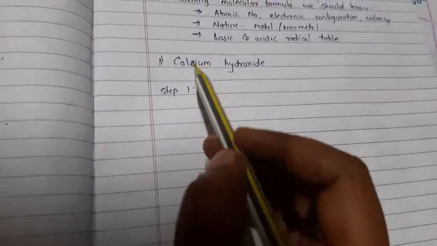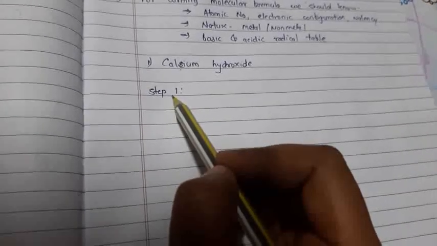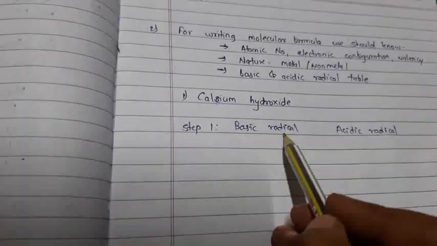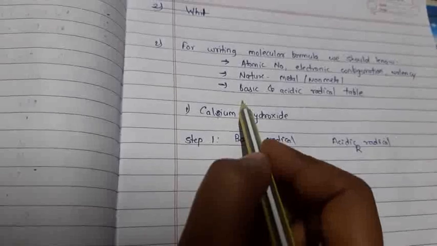Suppose the question is: write the molecular formula of calcium hydroxide. First step is to write the symbols of radicals. We have seen the left part is known as basic radical and right part is known as acidic radical. So always we have to write basic radical on the left side and acidic radical on the right side. Now what is the first word?